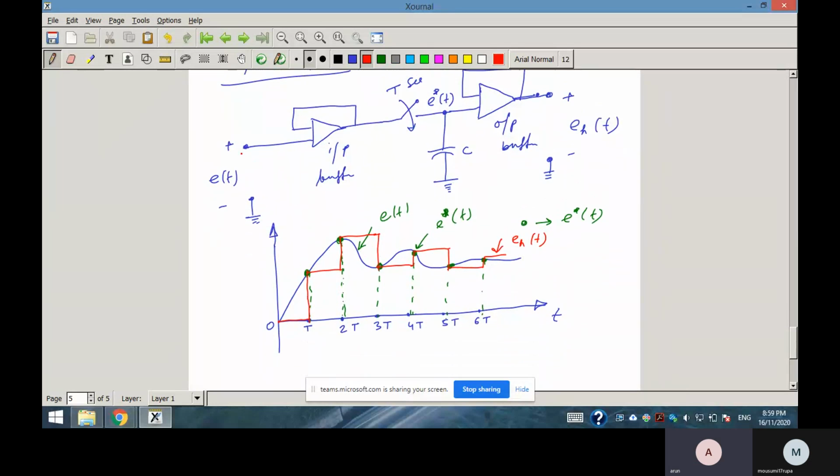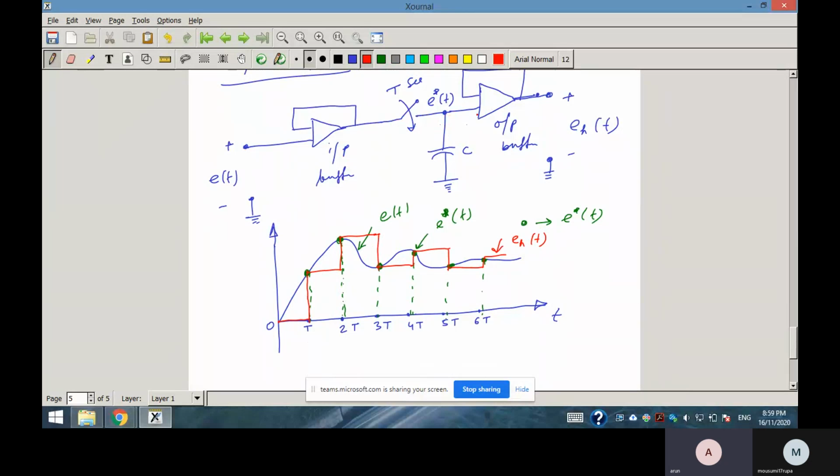So that means ET we have applied. As it is the input buffer, the voltage will appear immediately. So that is ET, and then E star T will be this one, and this one.